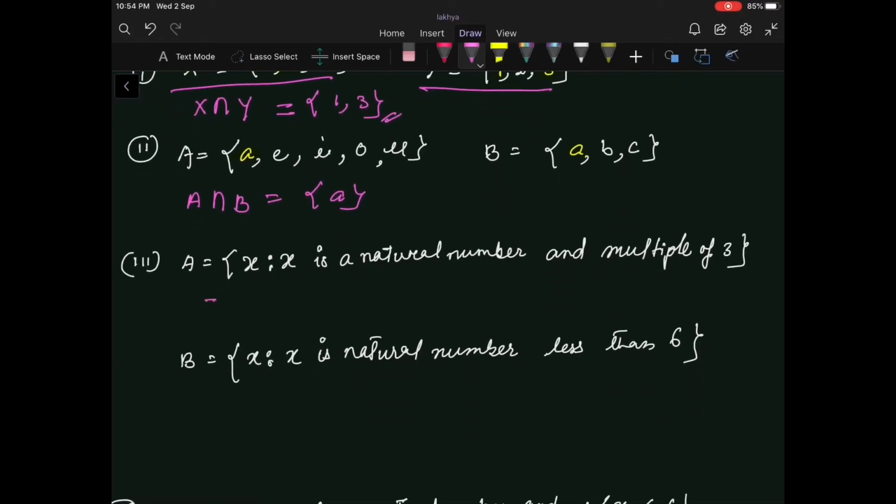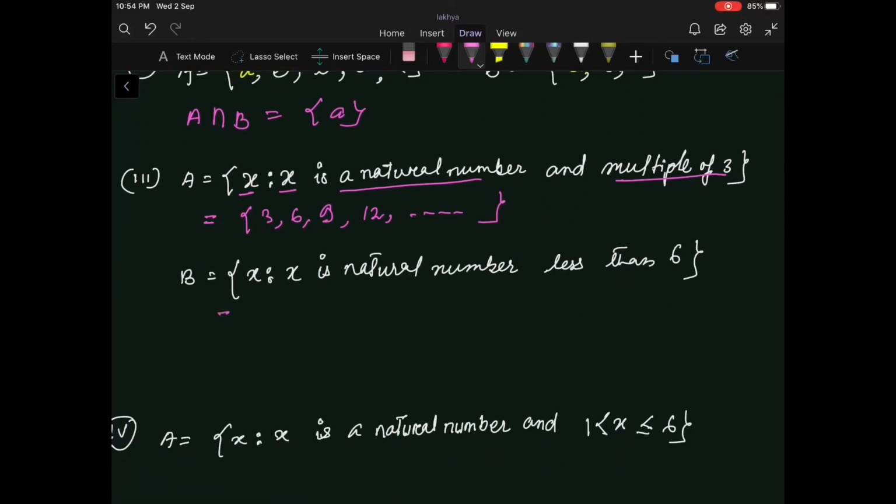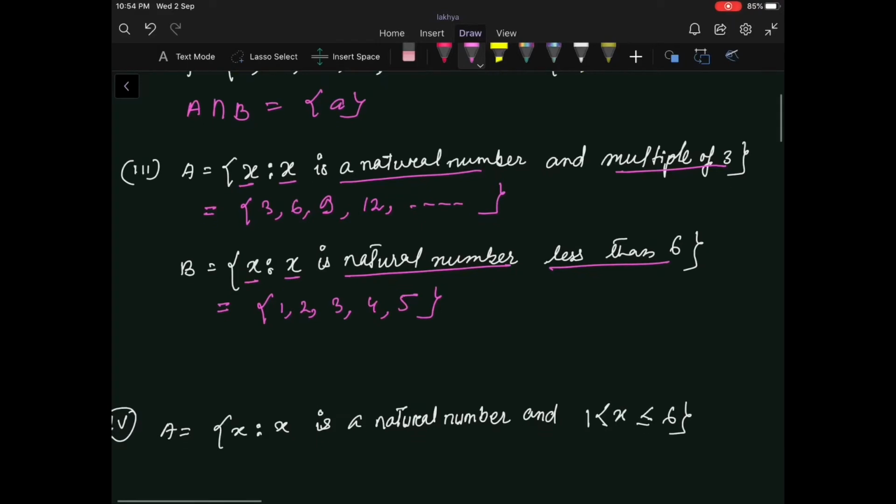Now, set A is a set of x such that x is a natural number and a multiple of 3. Natural number multiples of 3 are 3, 6, 9, 12, and so on. Then B is a set of x such that x is a natural number less than 6. Natural numbers less than 6 are 1, 2, 3, 4 and 5; we take up to 5 as it is less than 6.